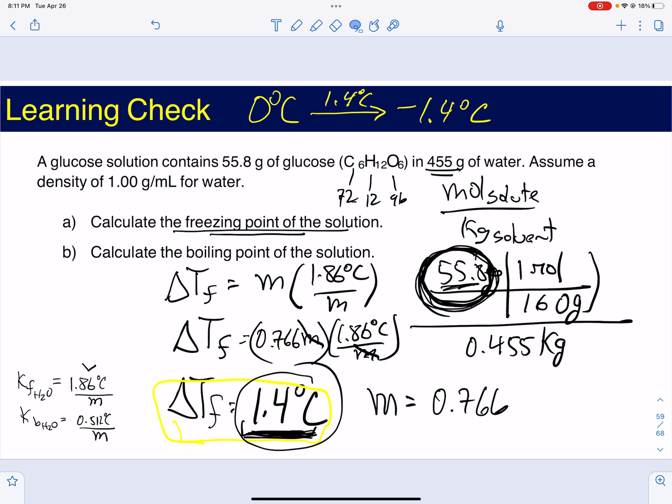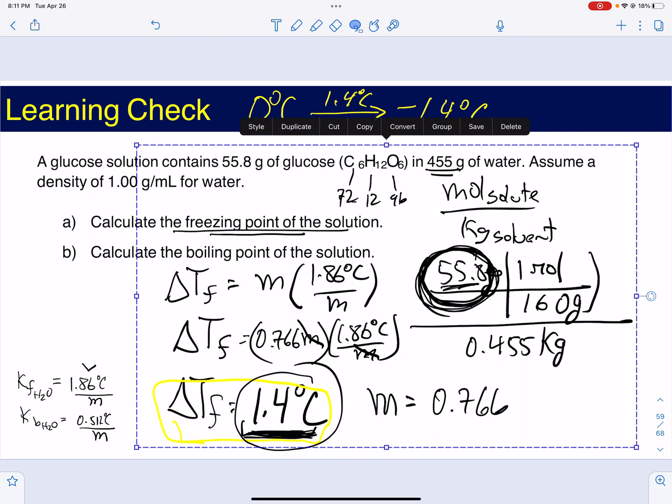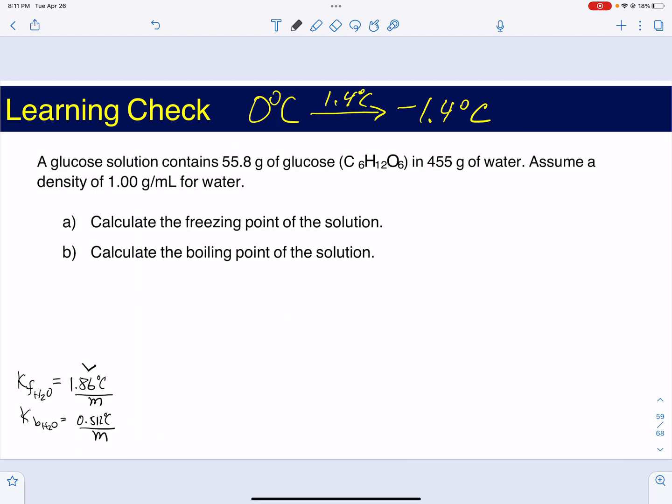Let's do the boiling. So we already know that the molality is 0.766 molality units. All right, so let's put the degrees Celsius over kilograms of the solvent.